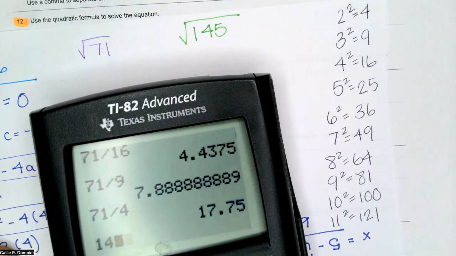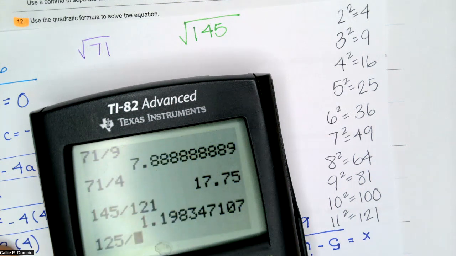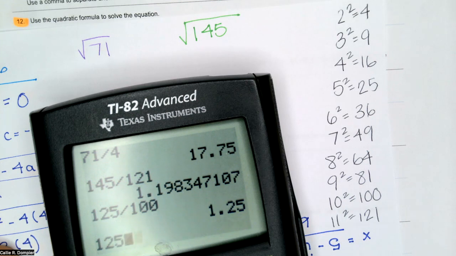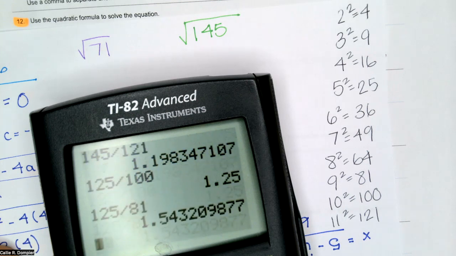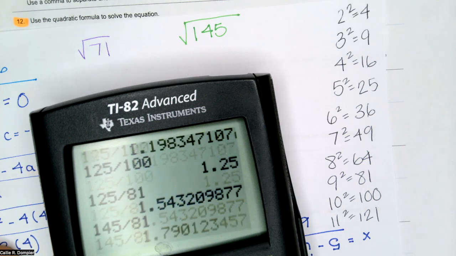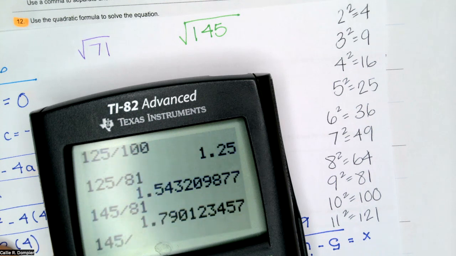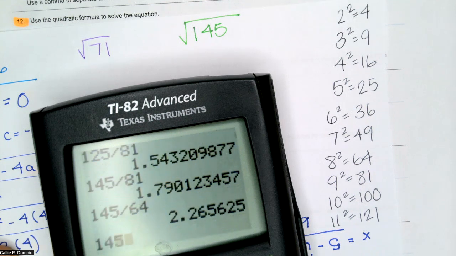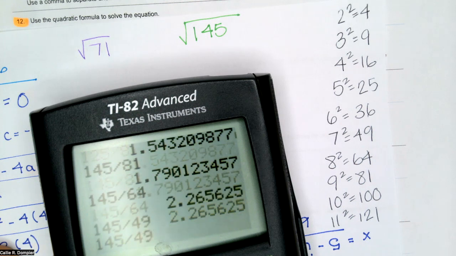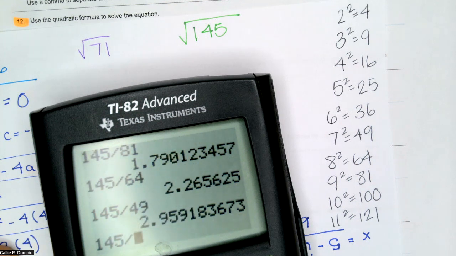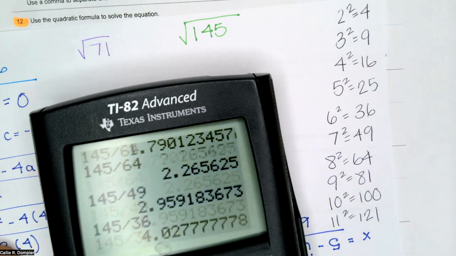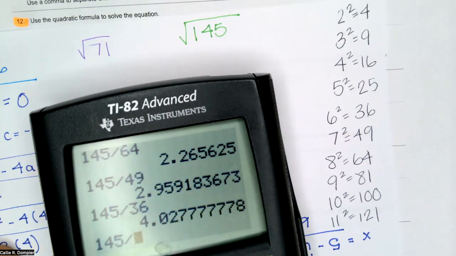Same with 145. 145, now start at 121. 145 divided by 100. 145 divided by 81. 64. 49. 36. 25.